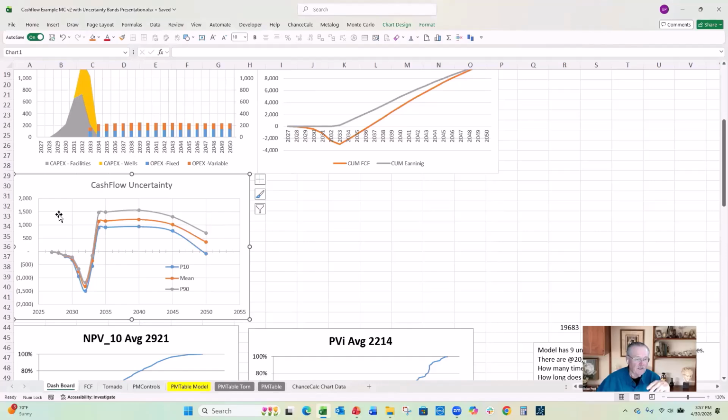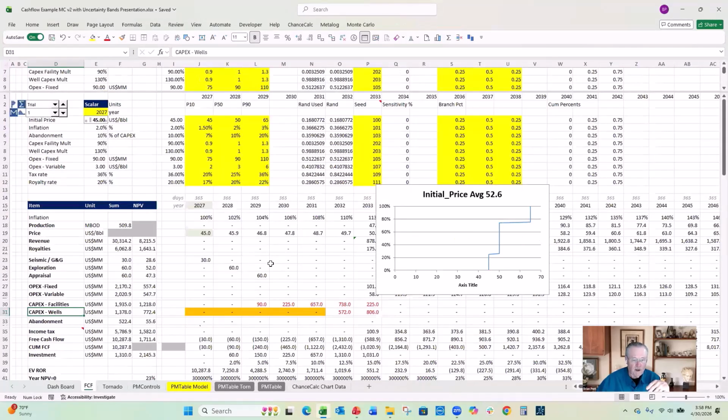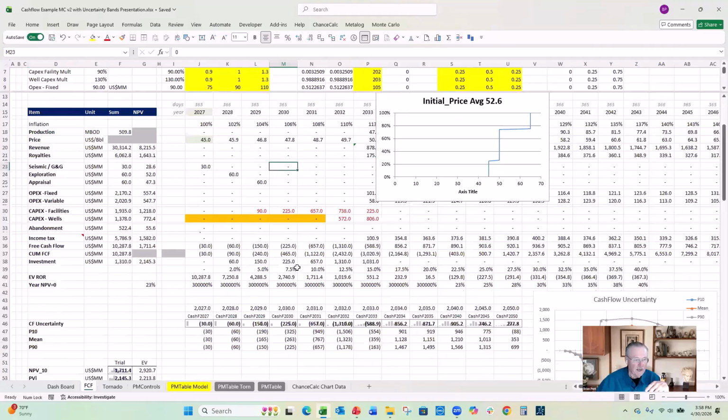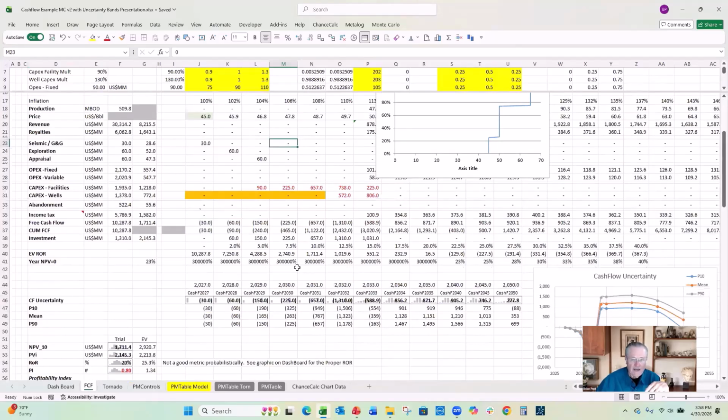With SIPmath, I can easily come up with this uncertainty band. How did I get that? Come over to this file here, go back to our model. We had the free cash flow, and I could have defined every one of these years in the free cash flow as an output variable. Then I would have had a lot more little dots here, right? But I don't think I need that.